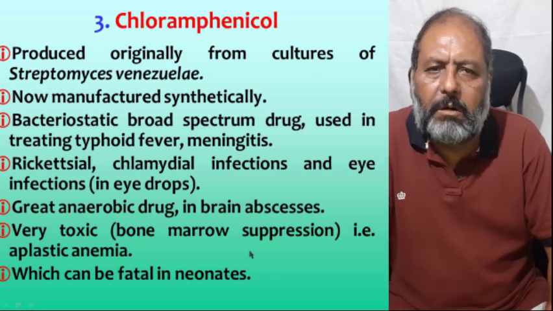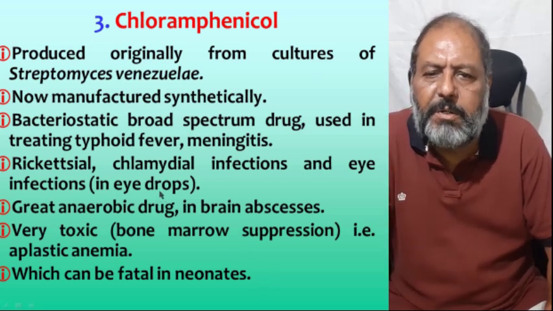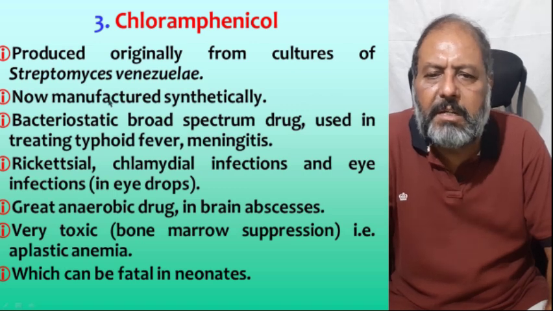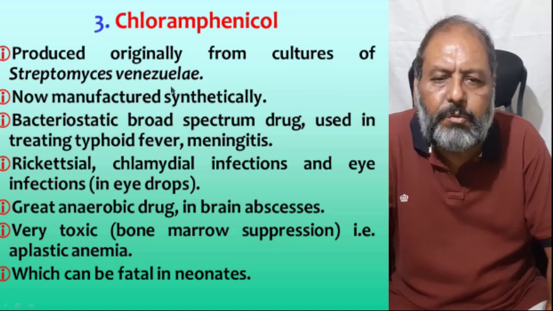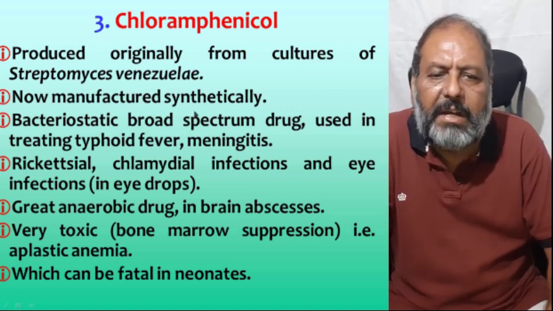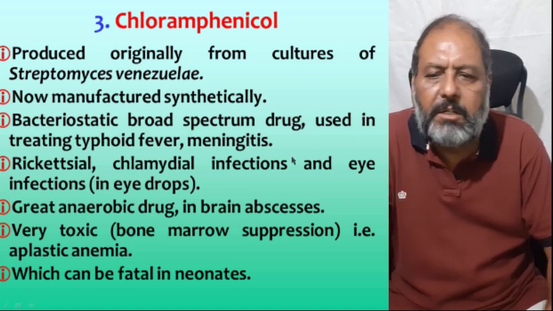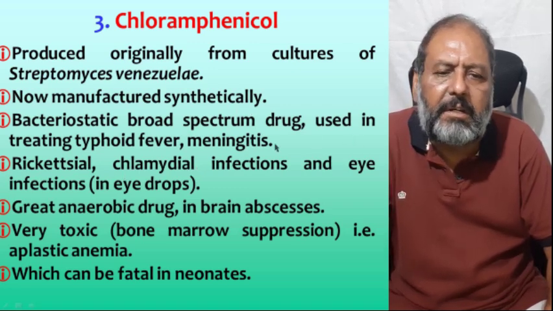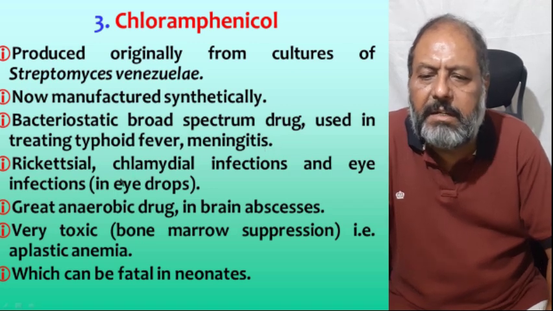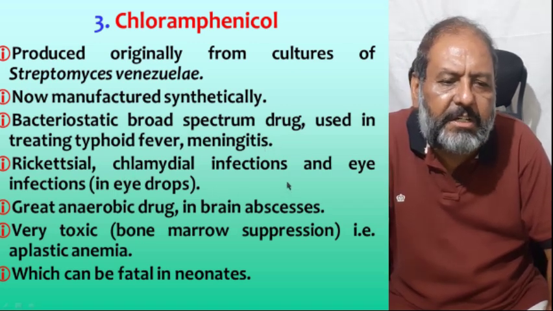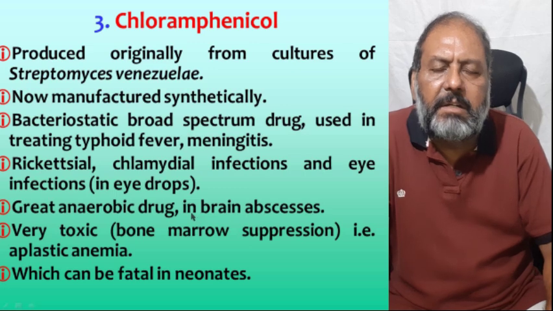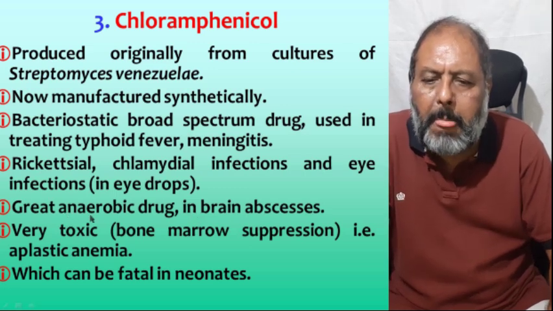Chloramphenicol, the next antibiotic, was produced originally from the culture of Streptomyces venezuelae, now manufactured synthetically. It is a bacteriostatic broad-spectrum drug used in treating typhoid fever and meningitis, rickettsial and chlamydial infection, and eye infection in the form of eye drops.